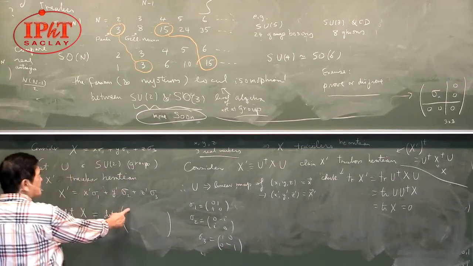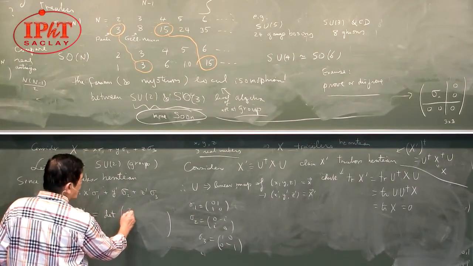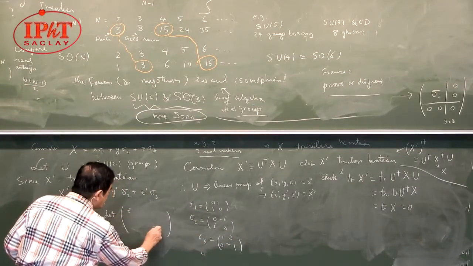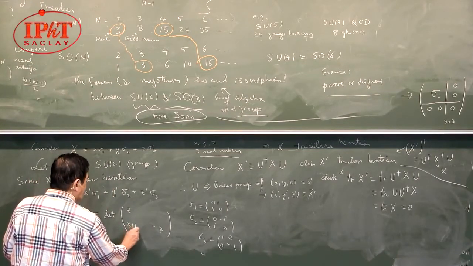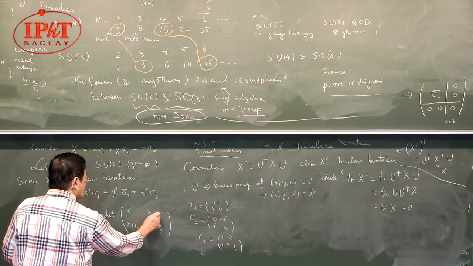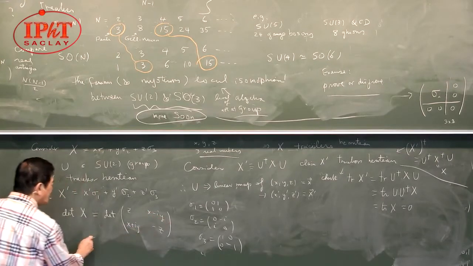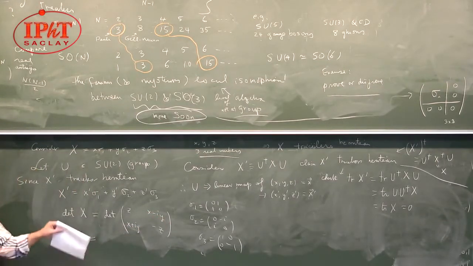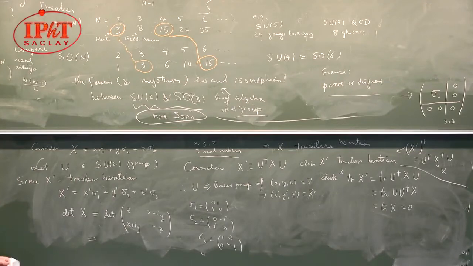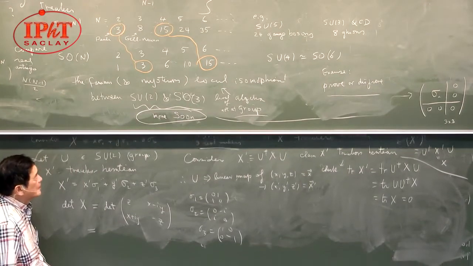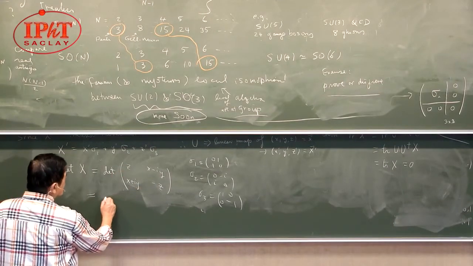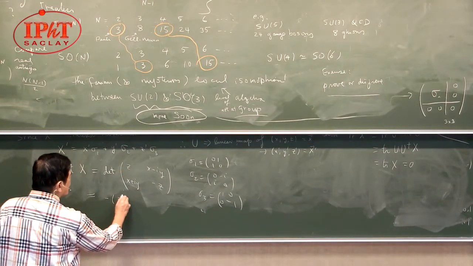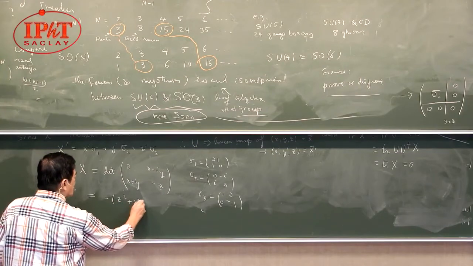So you see that this Z times sigma 3, so this is minus Z. And this is X plus IY. And this is X minus IY. And we can all evaluate the determinant of a 2 by 2 matrix easily. And we see that the determinant is minus Z squared plus X squared plus Y squared.